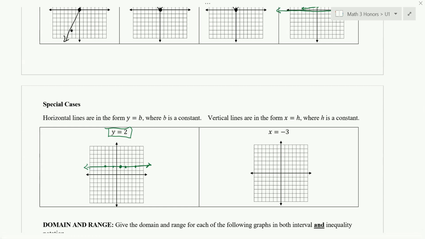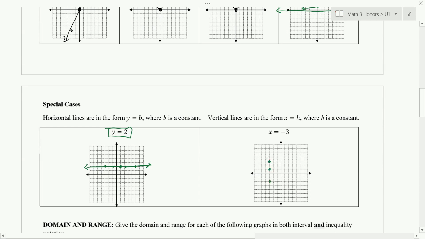x equals -3 forms another line. But here, the x value is stuck at -3. y can change to whatever we want. So if y is 1, x is -3. If y is 3, it's still -3.